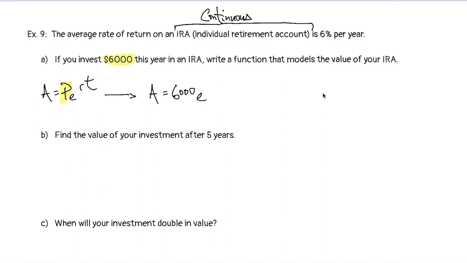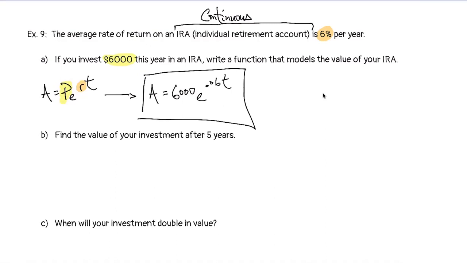The r comes from our percent, but we have to change that percent to a decimal, so it's 0.06. Then our t is our time, and we don't know what that is yet, so we leave that in our equation. This is our continuous growth equation for the amount of money in our account.